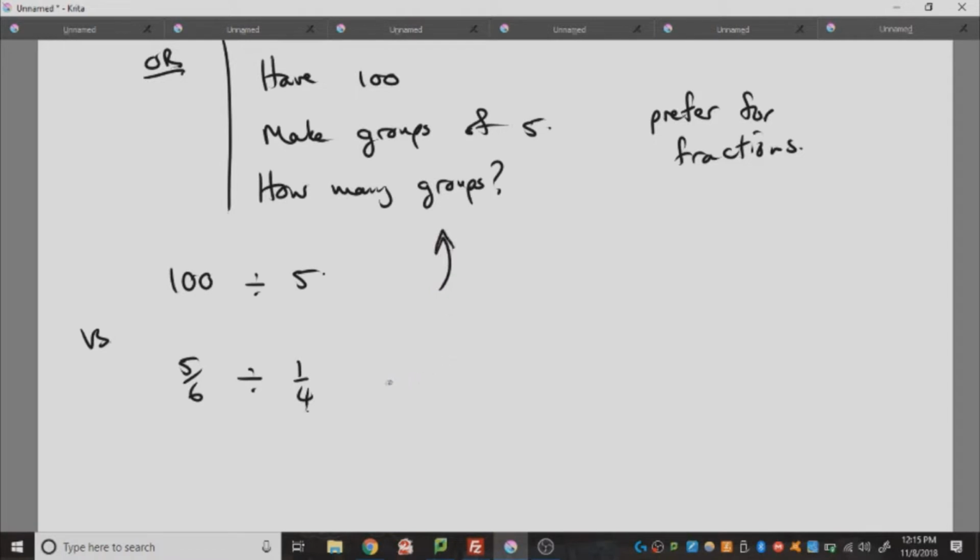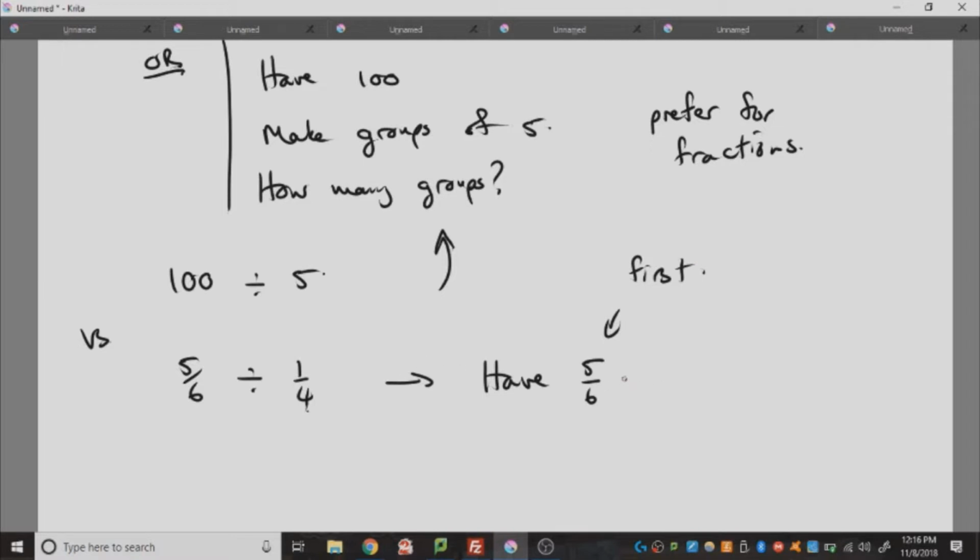So this one, that interpretation, this one would mean I have, which one do I have? I have the first number in division. In the division sentence, it's the first number that's the quantity I have. Multiplication is the second.